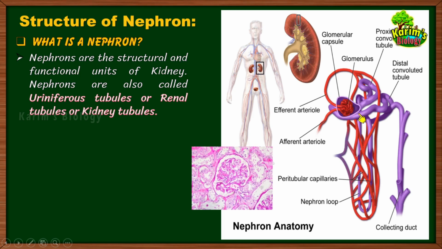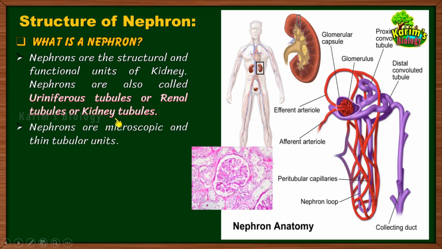And I hope you remember, I told you when we discussed the structure of the kidney that the kidney has two regions. The outer portion of the kidney is called the renal cortex and the inner part of the kidney is called the renal medulla. Just remember these points because they are going to be useful when we learn about the location of different parts of nephrons. So that's about the introduction to nephrons.